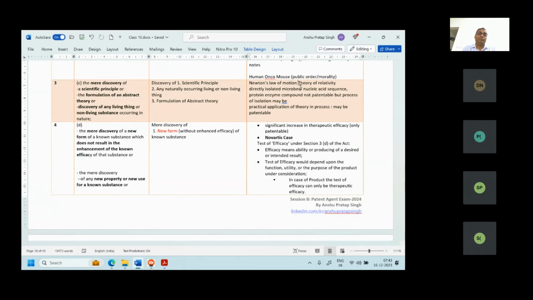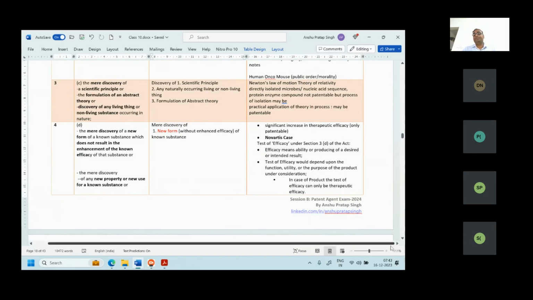For example, if you extract something from the plant and put it outside, it gets denatured or does not survive in the outside environment, but you are stabilizing it and increasing its shelf life, then yes, this can be patented. So something which is not a discovery, which is not existing, can be patented if you have some input there.